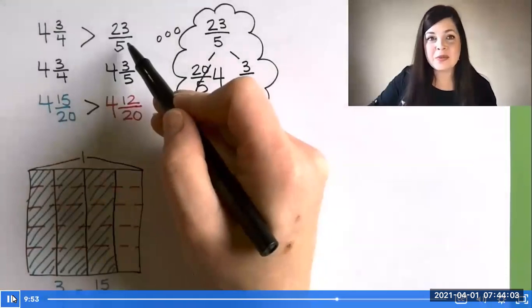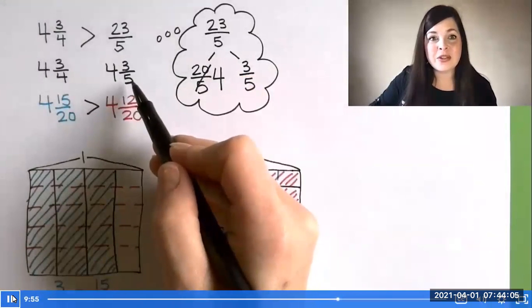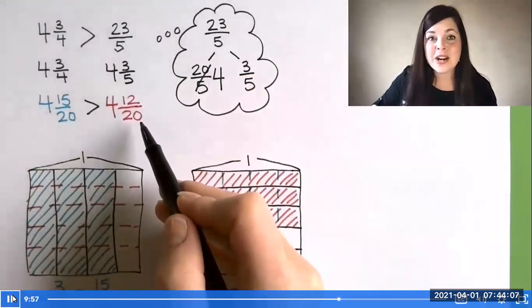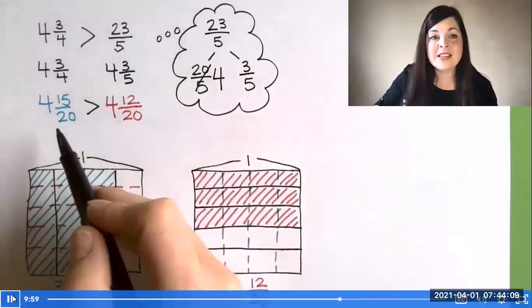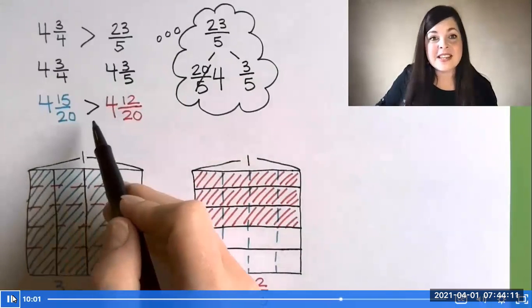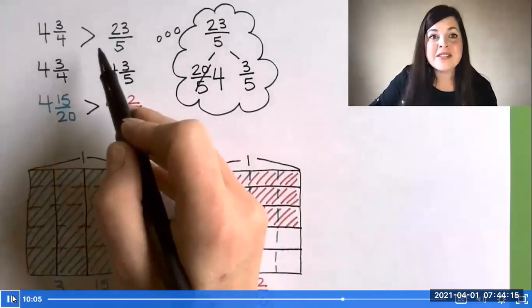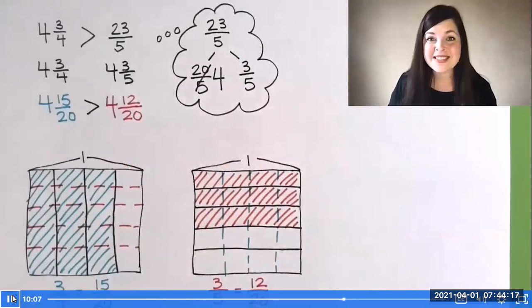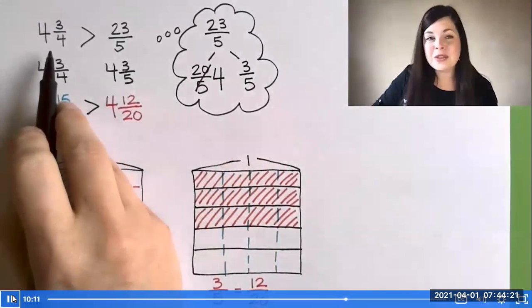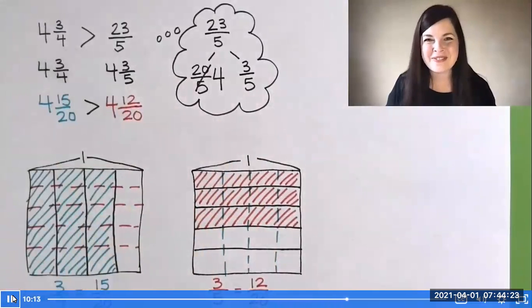Well, 23/5 is equal to 4 3/5, which is equal to 4 12 20ths. Since 4 15 20ths is greater than 4 12 20ths, 4 3/4 is greater than 23/5. So we've confirmed with another method that 4 3/4 is greater than 23/5. Great job.